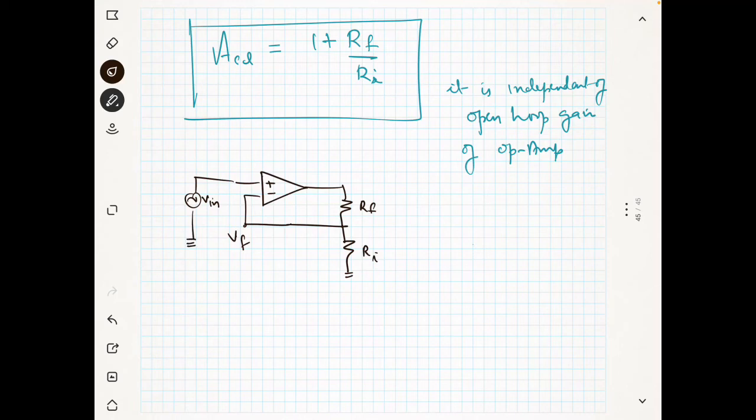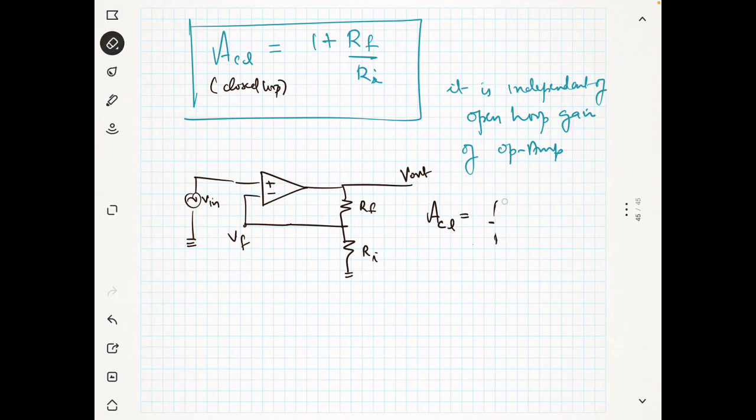So in this situation, what is the gain of the op amp? You will be getting V out. So the closed loop gain of the op amp is Rf by Ri plus 1, right? 1 plus Rf by Ri.